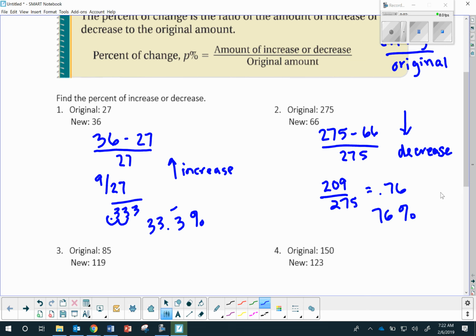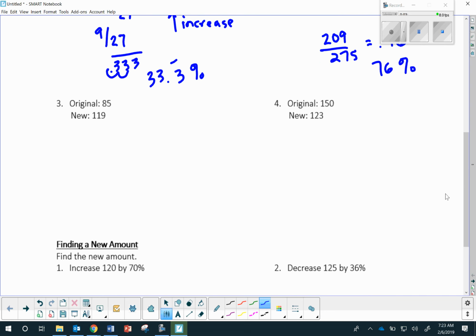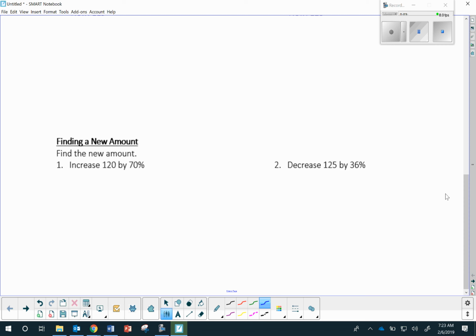Okay, so following that same pattern, I want you to try numbers 3 and 4, and I'm going to skip down here to finding a new amount. So it says we want to increase 120 by 70%. So what we're going to do is multiply our original amount, 120, times 100%, because we want all of that 120 included, plus an additional 70%.